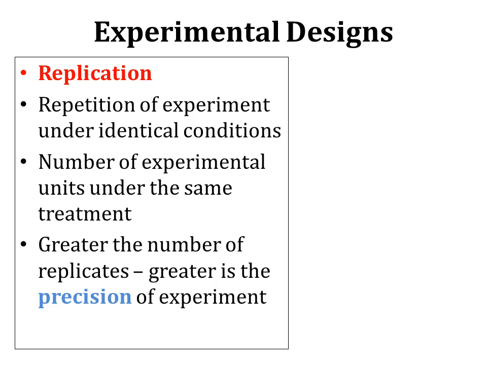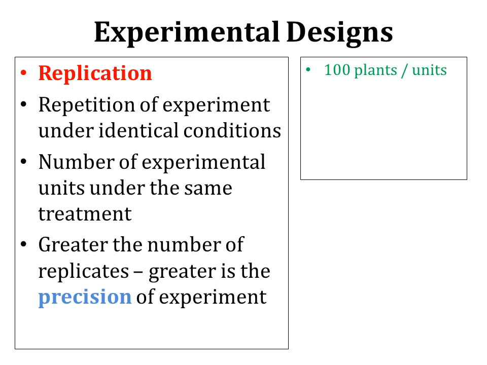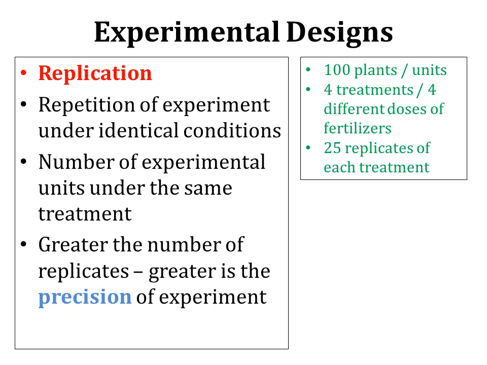For example, you have 100 plants or units and you have 4 treatments, which are 4 different doses of fertilizers. Are you going to select only 4 of those 100 plants, apply those 4 treatments, get those 4 observations and draw your inference? No, you're going to replicate those 4 treatments on these 100 plants or units.